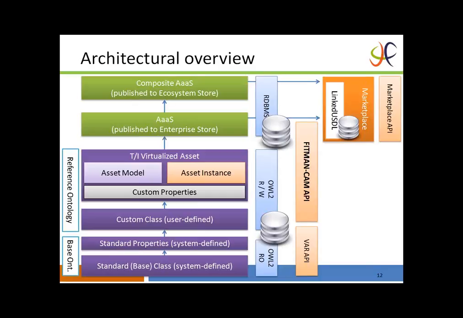Then on top of the custom classes, you have the custom properties, and you will have, as we will see in the live demo, asset models and asset instances. The asset models being templates from which you can instantiate concrete assets which are representing the real world assets of your company.